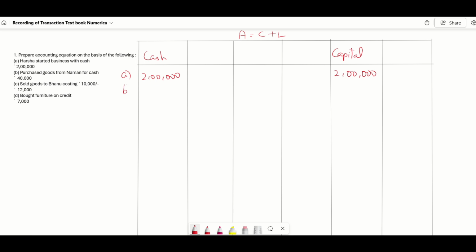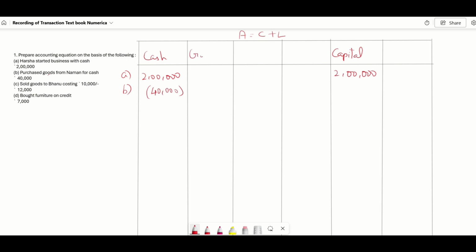Now B, purchased goods from Naman for cash. So there is a cash purchase. Your cash balance will reduce because you will be paying out of the balance that is available. A negative number I am writing in brackets. And what is being purchased? Goods.